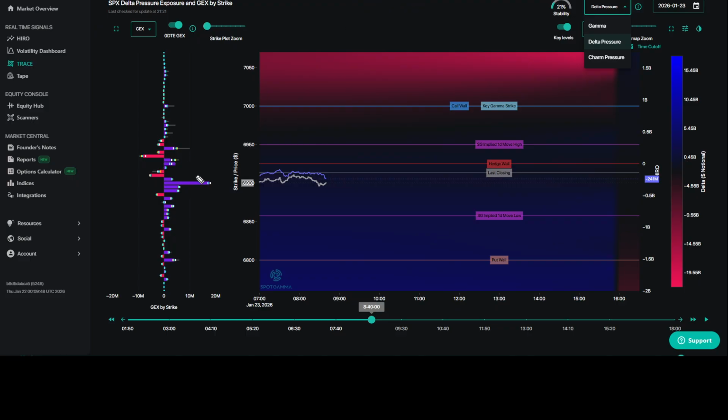In this case, the gamma is the most important ladder in all the histogram for the GEX level.